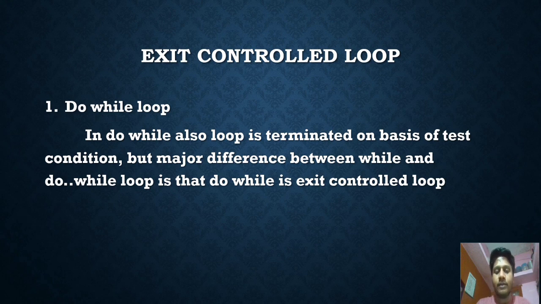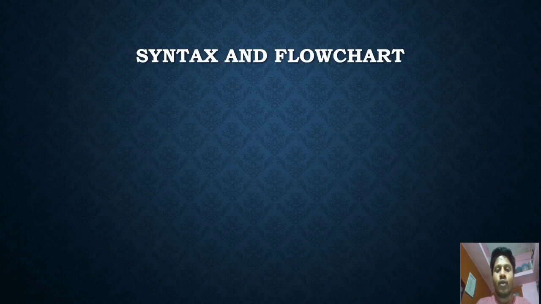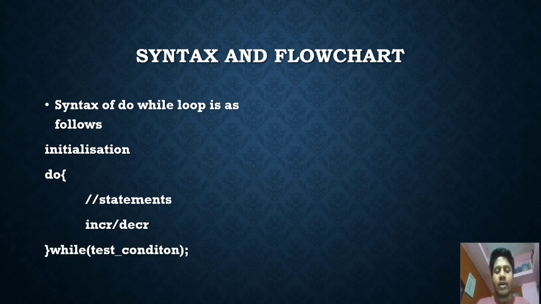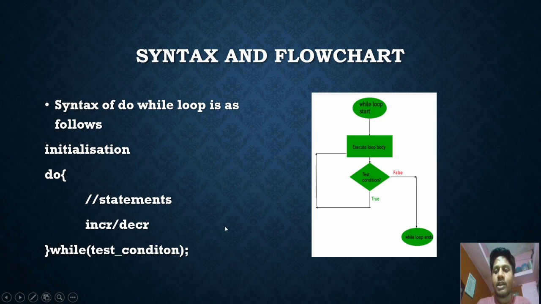Clear with that? Okay, so the syntax and flowchart of the do while loop: first initialization, then do. After do, we are going to write the statements, then the update statement, then close the brace, then while, and you're going to write the condition here. And don't forget to write the semicolon after the while. Then the flowchart is like this.